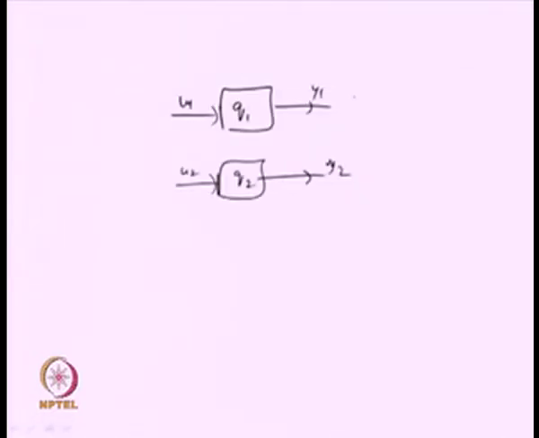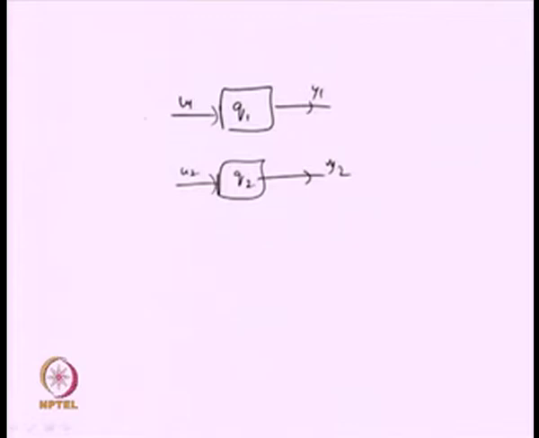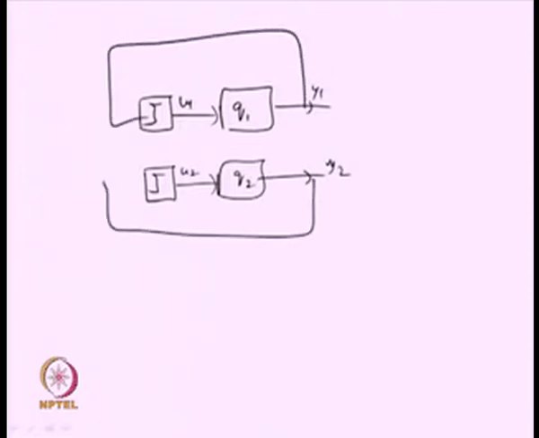And if that is possible, in that case what happens? One can easily employ a relay here to identify the dynamics of the two subsystems. So, I can put one relay over here, I can put one relay over here, and then I can have the relay test, and consequently the parameters of Q1 and Q2 can easily be estimated. So, this is what we are going to do in this lecture.